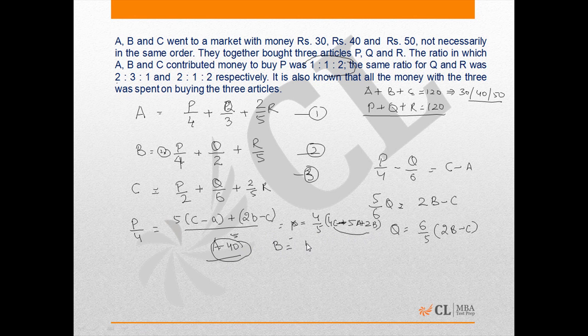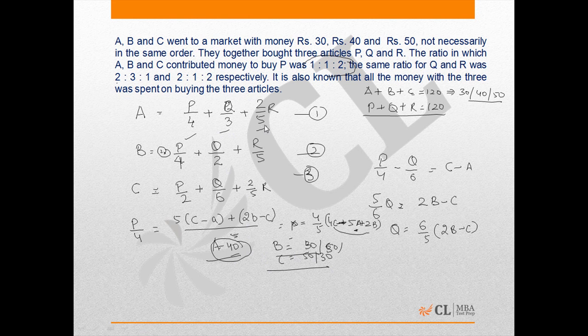B can be 30 also, and B can be 50 also, but A cannot be 30 or 50. So on solving further, A will come out to be 40, B will be 30 or 50, and similarly C will take either 50 or 30. Accordingly we'll fill the values and try to find the values for P, Q and R.